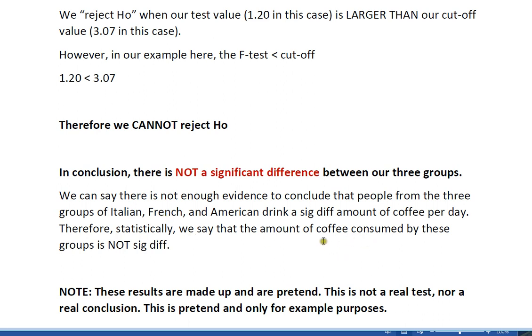Statistically, the amount of coffee consumed is not significantly different. In other words, we cannot reject H0 because our final f-test value is not outside of the cutoff. It's less than the cutoff. We only reject H0 when our test value is larger than our cutoff, but in this case, it is not. So again, we cannot reject H0.